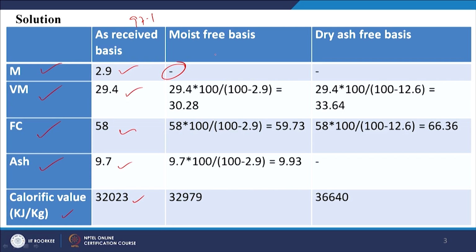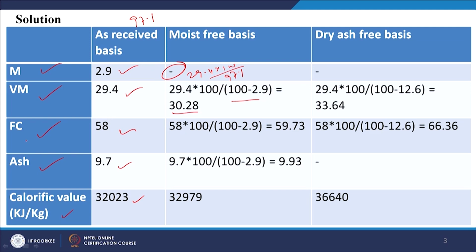So, on the moisture free basis, the volatile matter will be 29.4 into 100 divided by 100 minus 2.9, that is 97.1. So, that is equal to 30.28.